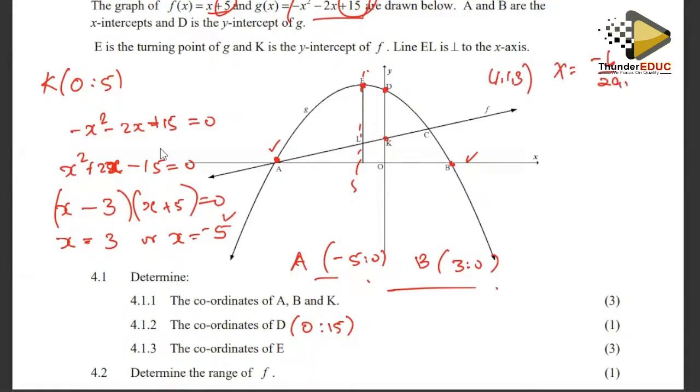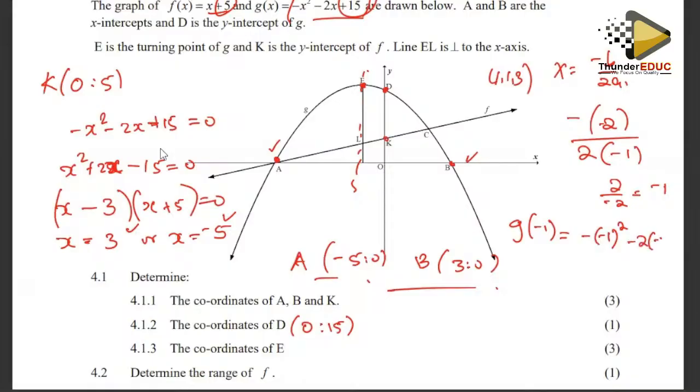Here b is negative 2 and a is negative 1, so it's 2 over negative 2, which is negative 1. Then substitute this negative 1 into g. g of negative 1 is negative 1 squared minus 2 times negative 1 plus 15. Negative 1 plus 2 plus 15 is 17 minus 1, which becomes 16.